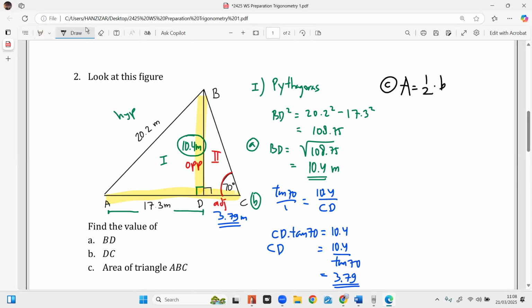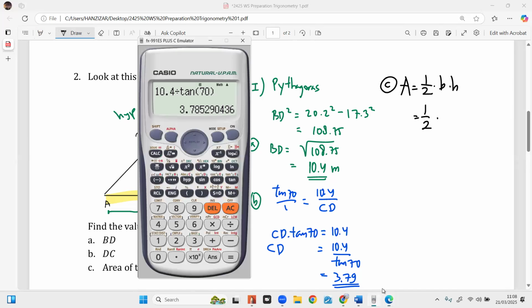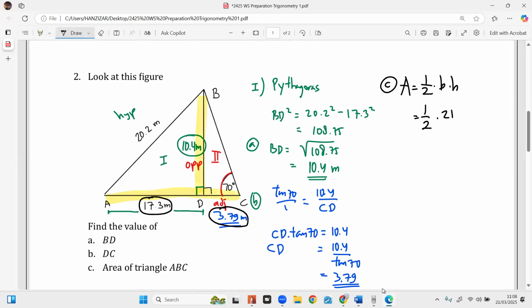Half times base times height. Half times base. Oh, okay, we have to add 7.3, 17.3, and 3.79. Okay, thanks. 21.09 by the height 10.4. 109.7.